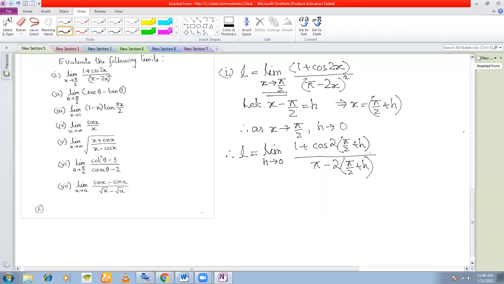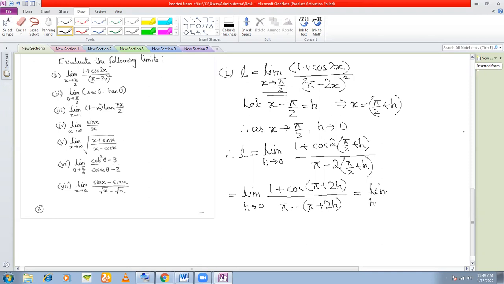Right? Now we simplify this a little. Limit h tends to 0 of 1 plus cos, if you multiply twice pi by 2 plus h, you will get pi plus 2h, divided by pi minus, and if you multiply 2 with pi by 2 plus h, you are going to get pi plus 2h, right?